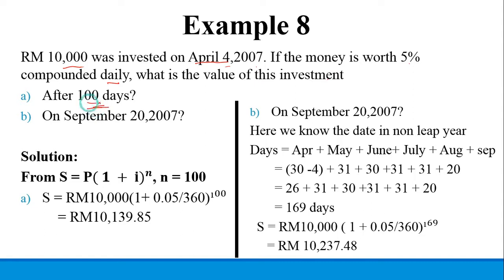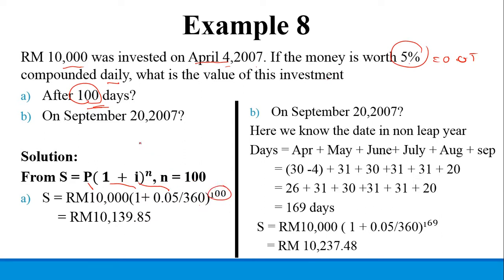So what I will do is 10,000(1 + I), where I is 0.05 divided by 360, and n is 100.